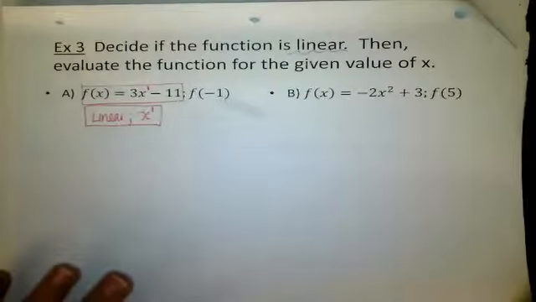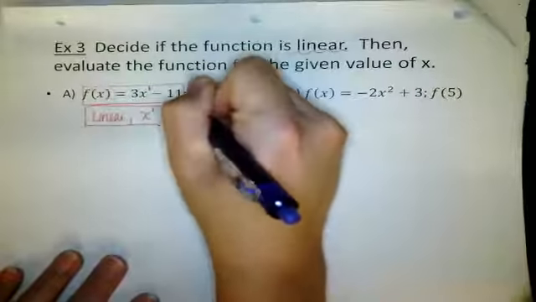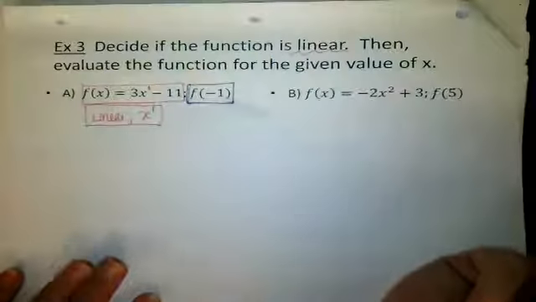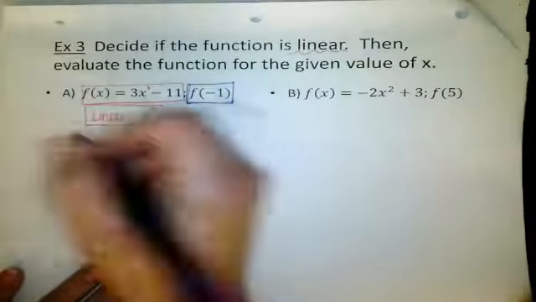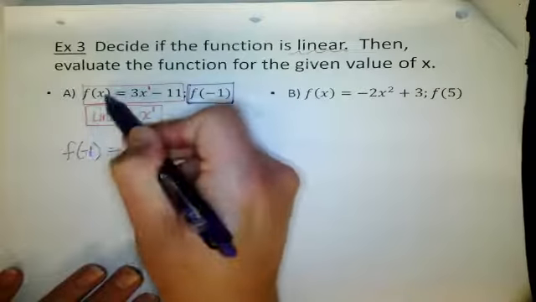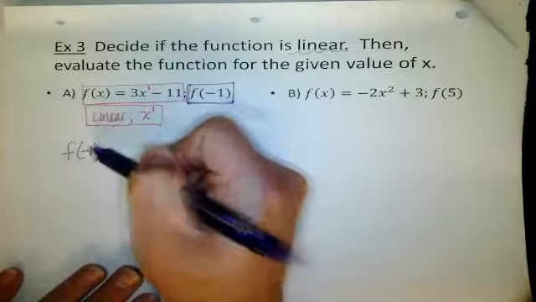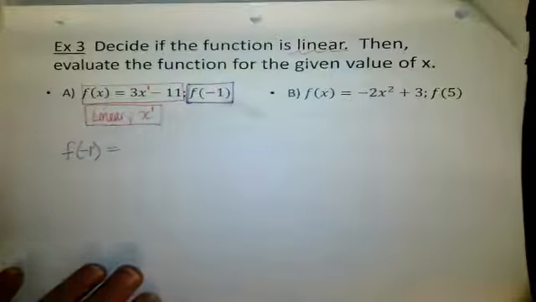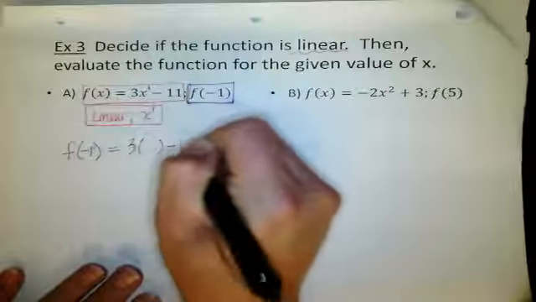All right, so then the second part. What does this mean, f of negative 1? What's that telling you to do? Plug in negative 1. Take your function and plug in negative 1. Wherever you see an x, you're going to plug in a negative 1. So I'm going to just take my little 3x minus 11, and I'm not going to write x.